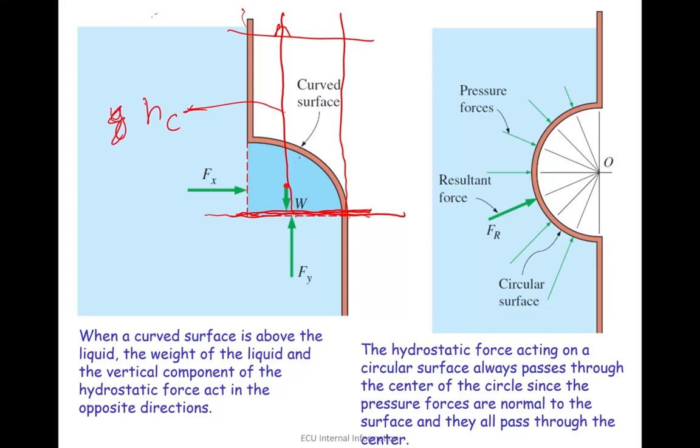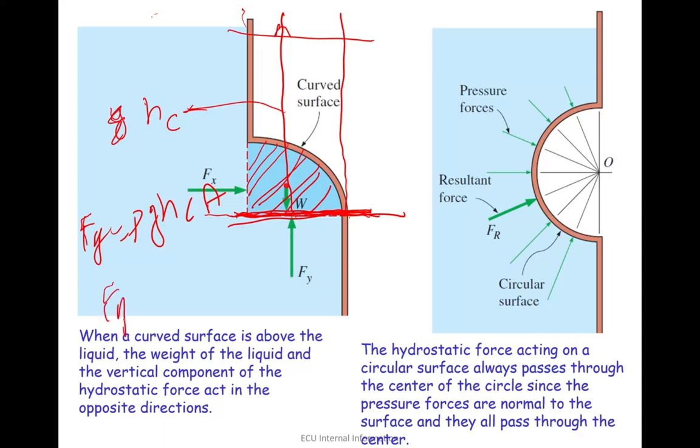So for vertical forces, Fy is rho g hc times the area of that surface. Now we assume from this end line or this horizontal line, the weight of water in here needs to be deducted from that.